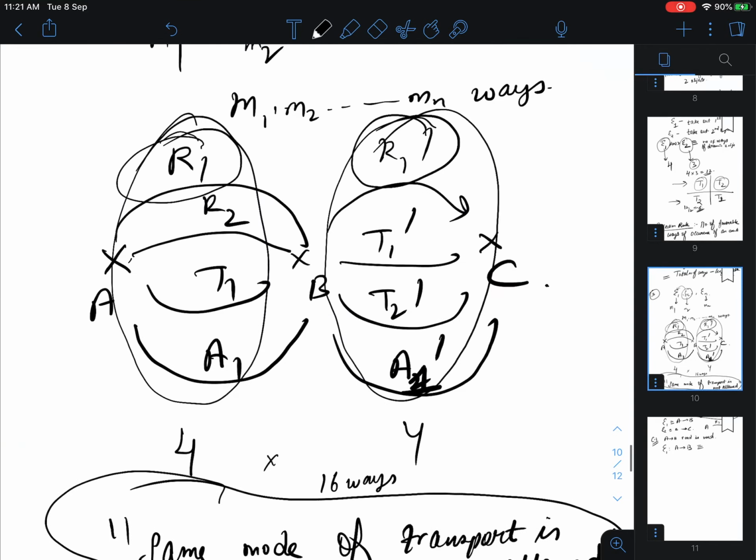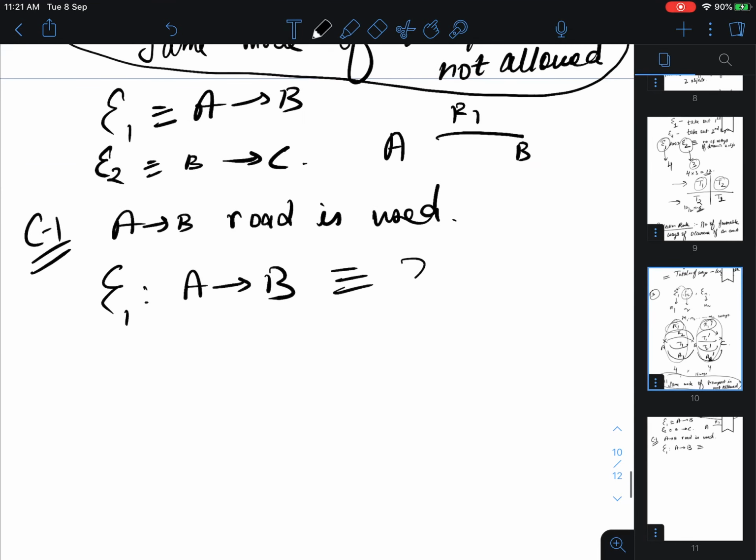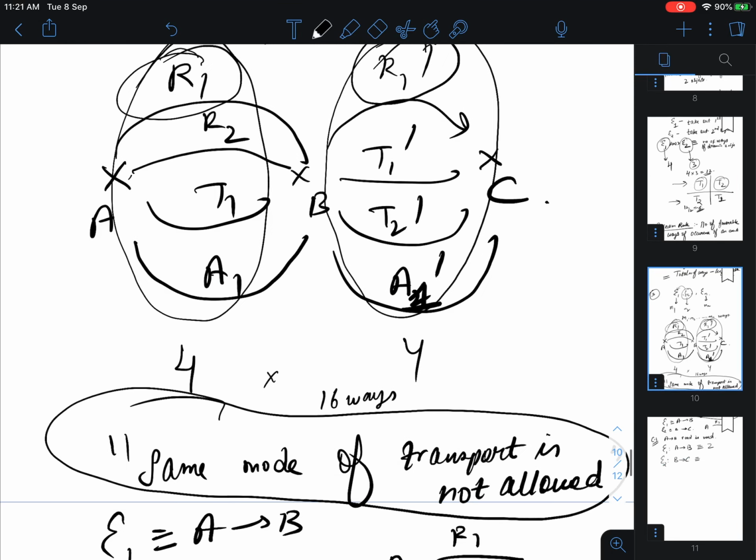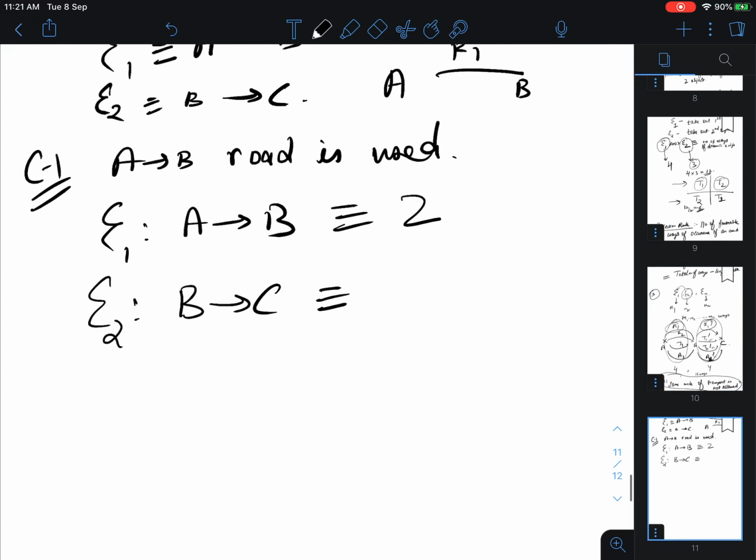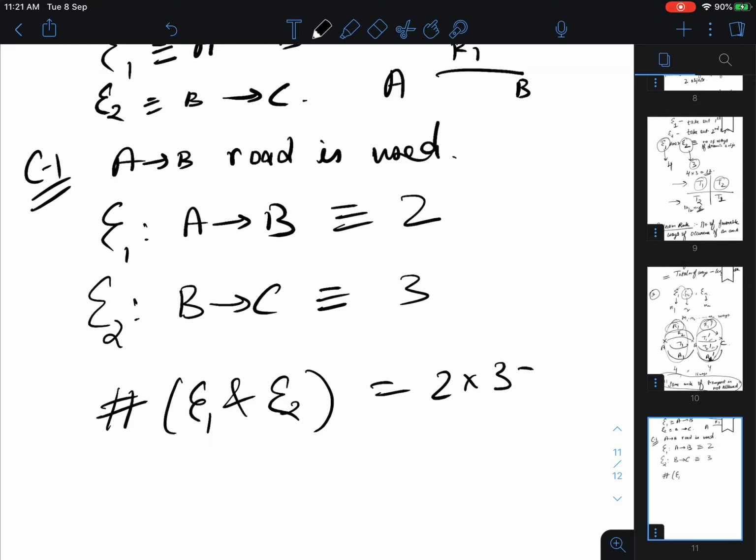If you look at this diagram, there are two ways because there are two roads, so 2. And for event E2, which is going from B to C, how many options do you have? You have 3 options. So the number of ways of going from A to C via B for case 1 is 2 into 3 equal to 6.